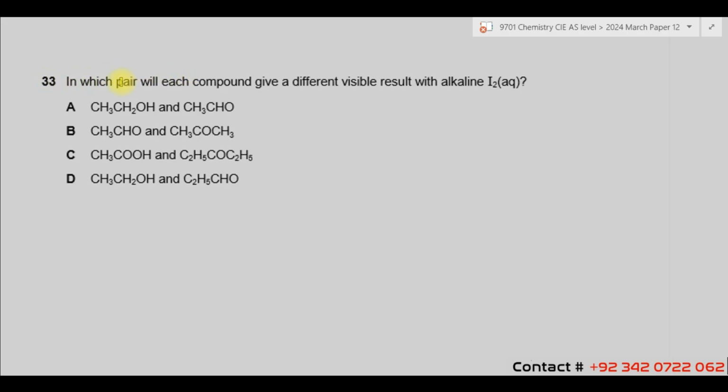Question 33. In which pair will each compound give a different visible result with alkaline aqueous iodine? First one is CH3CH2OH and CH3C(=O)H.